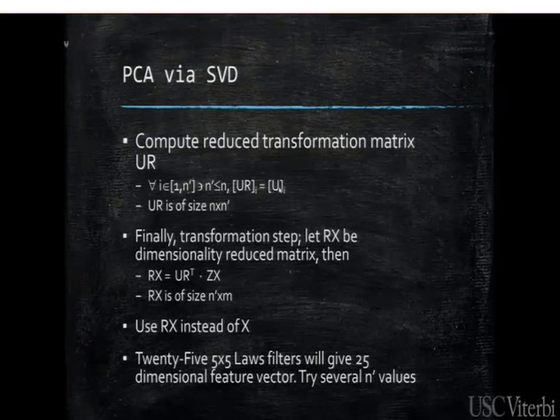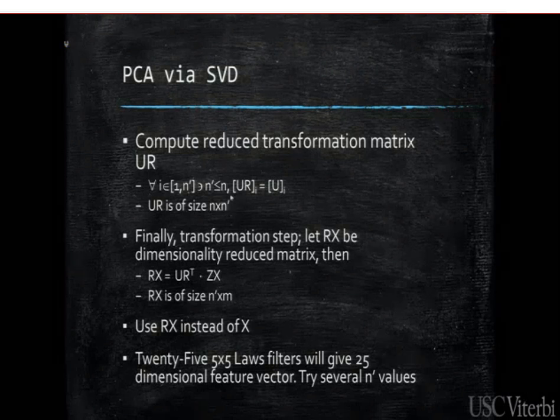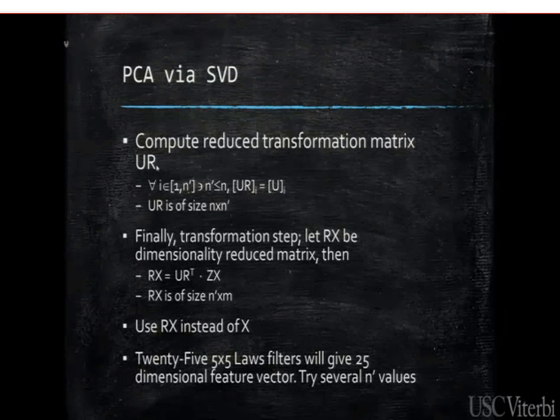So I will just retain n prime columns. So finally, let UR be the reduced unitary matrix. This will be of size n by n prime, because I am retaining only n prime columns.